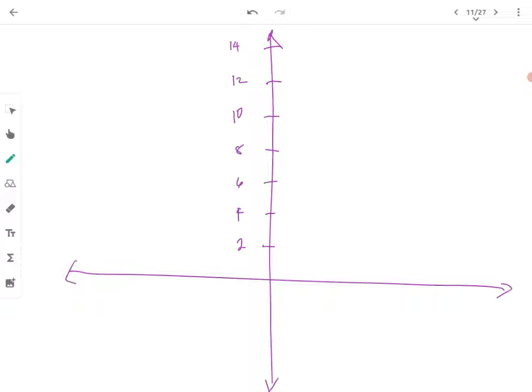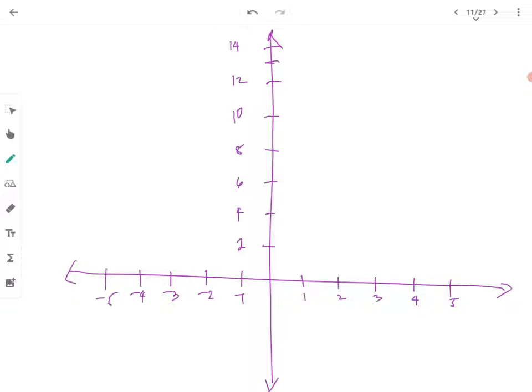Okay, that's 13 here. Then let's just do it. This 1, 2, 3, 4, 5. Then negative 1, 2, 3, 4, 5.